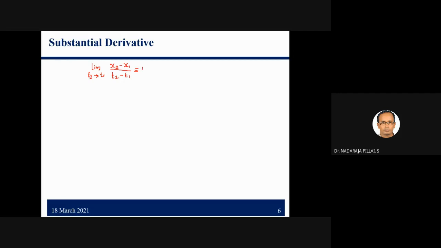This is almost equal to u velocity. Similarly, the limit t2 tends to t1 of y2 minus y1 by t2 minus t1 is equal to v velocity. And similarly, the limit t2 tends to t1 of z2 minus z1 by t2 minus t1 is equal to w velocity.